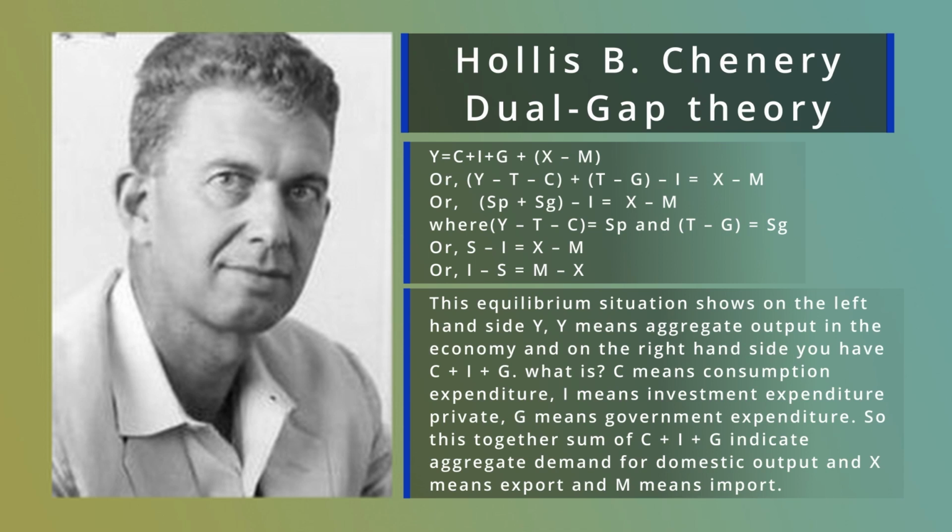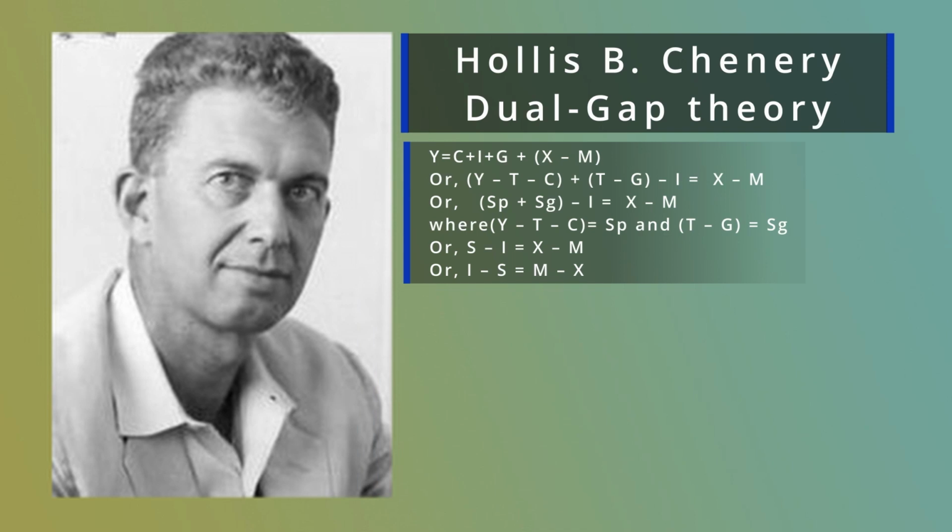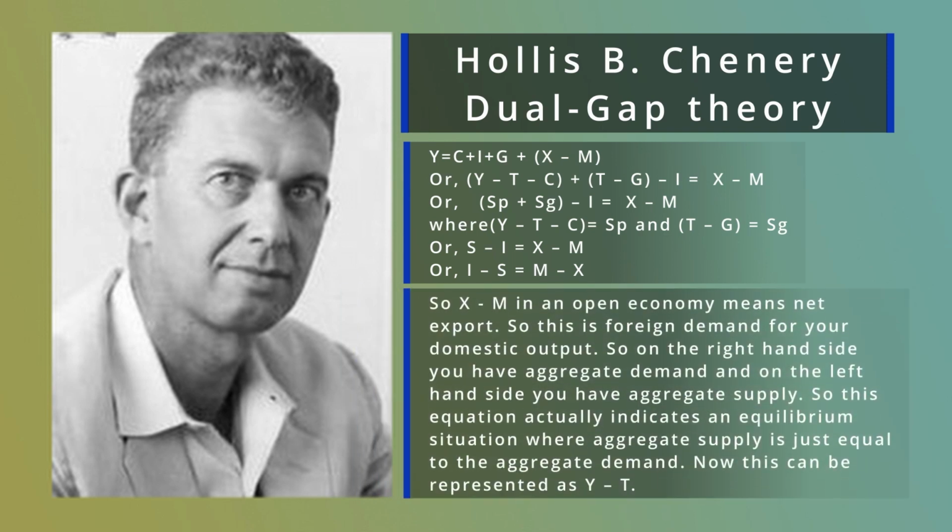So the sum of C plus I plus G indicates aggregate demand for domestic output, and X means export and M means import. So X minus M in an open economy means net export. So this is foreign demand for your domestic output. On the right-hand side you have aggregate demand, and on the left-hand side you have aggregate supply. So this equation indicates an equilibrium situation where aggregate supply is just equal to aggregate demand.